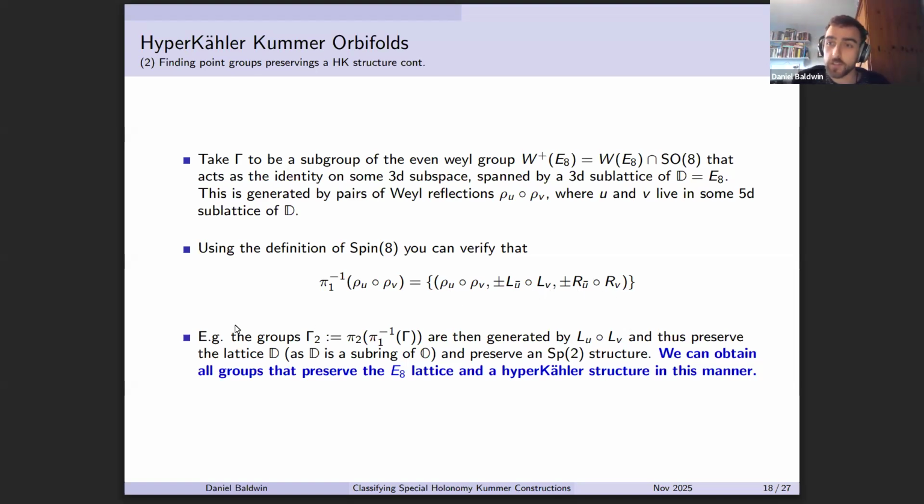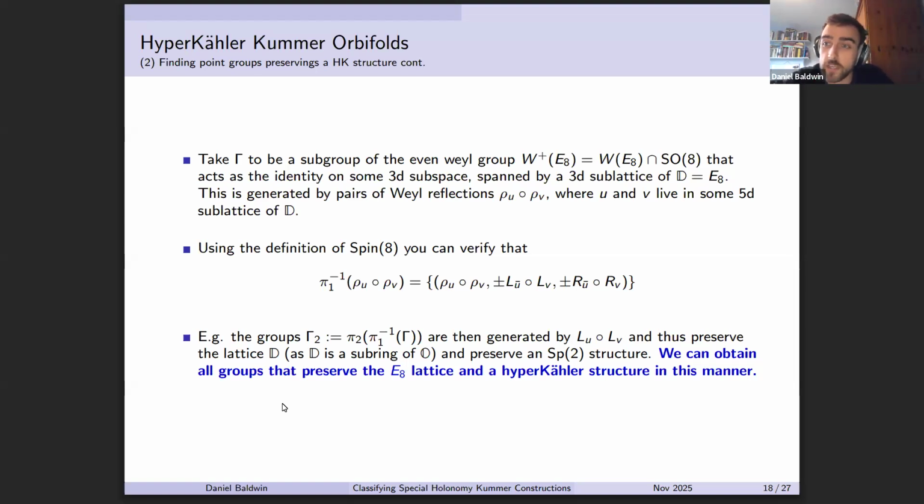So then when you project onto the second or third factor, so for example onto the second factor, you get this group which is, instead of being generated by pairs of Weyl reflections, generated by pairs of left multiplications by these lattice vectors, which are viewed as octonions. So in the end, we have this group, which preserves a hyperKähler structure because it's a subgroup of sp2 acting in the correct representation.